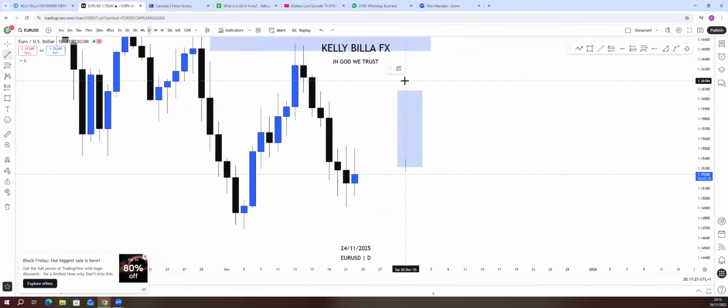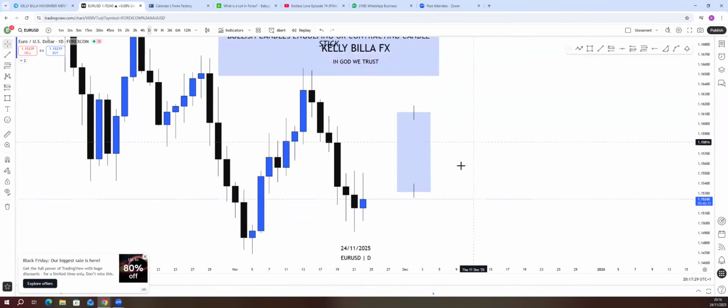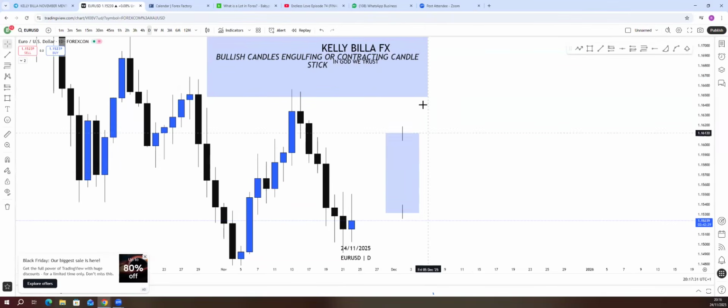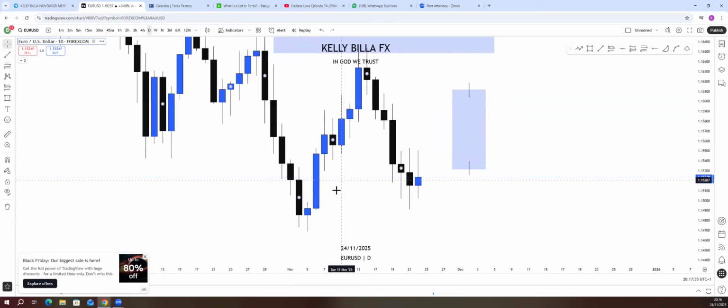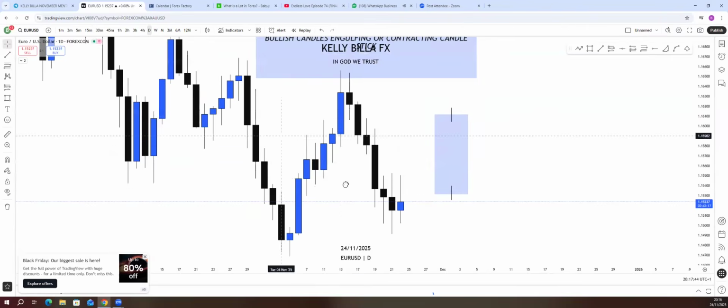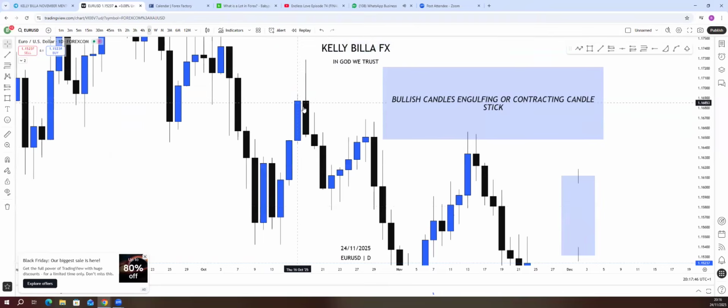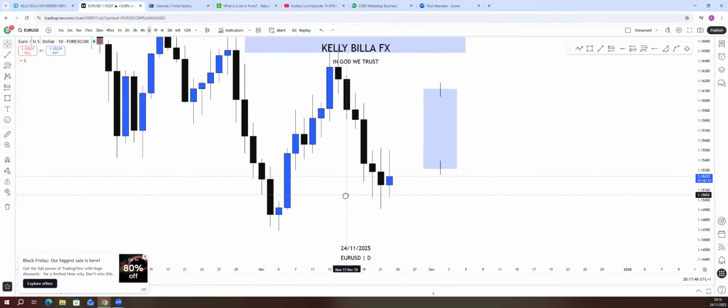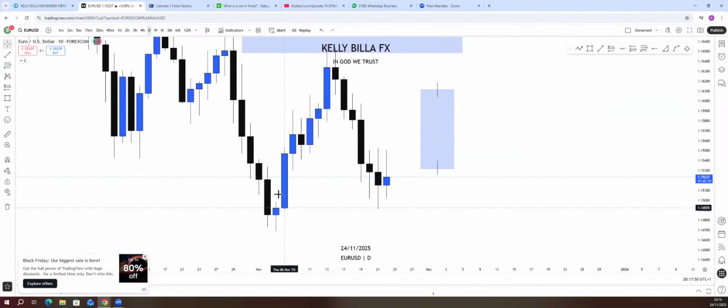So that is an engulfing candle. This is a bullish engulfing candle. Anywhere you see this bullish engulfing candle, it means there are a lot of buyers. There's buy pressure at that point. Just keep looking at it.